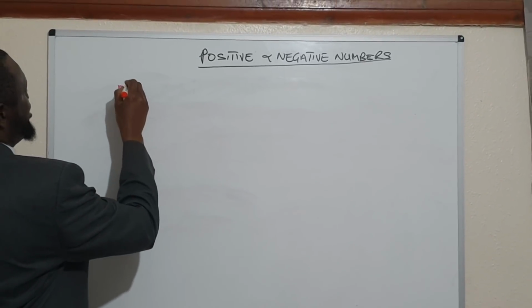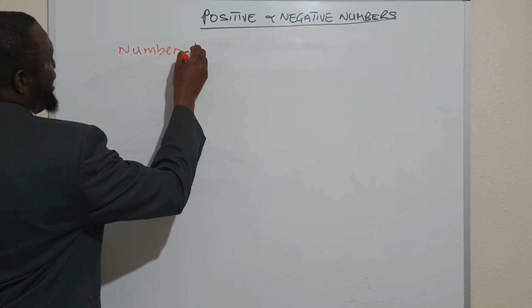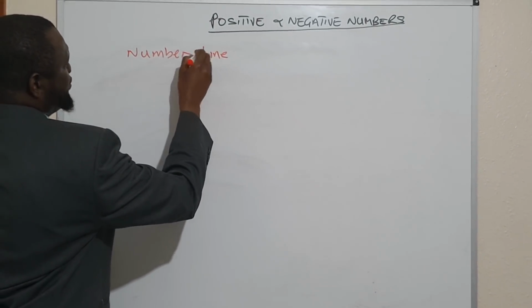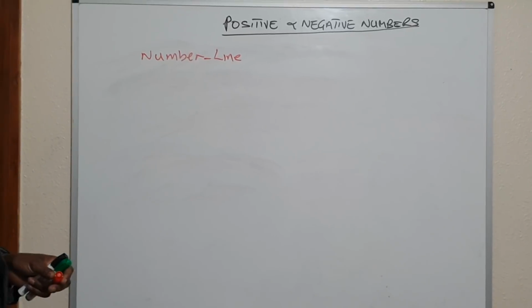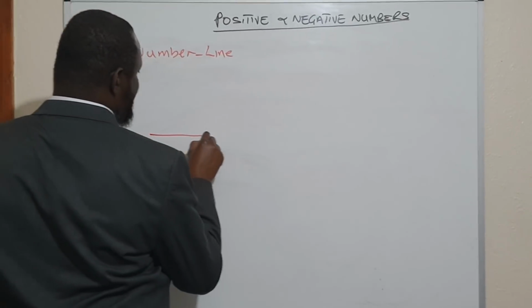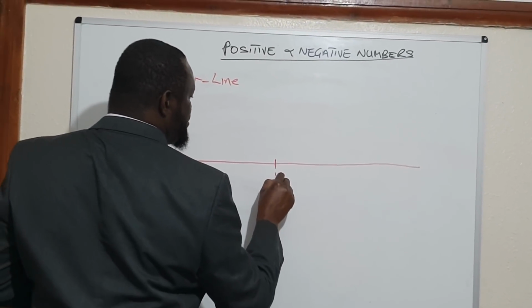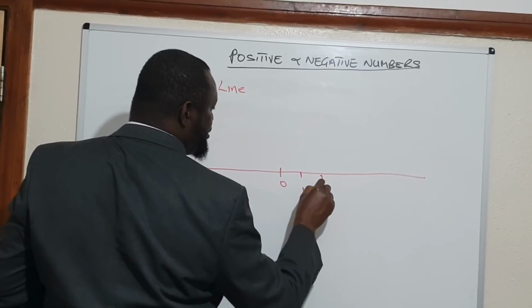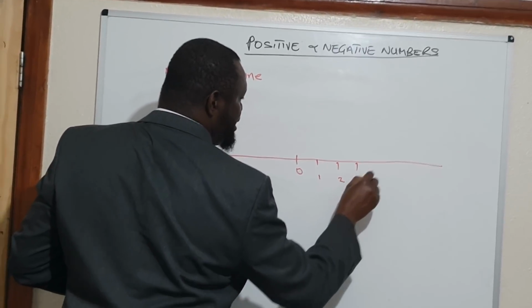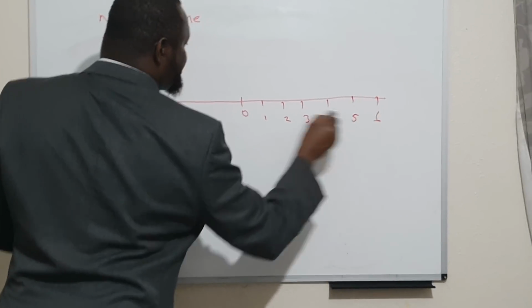Second method of solving plus and minus is using number line. Number line is written like this. You have a line. The middle is 0. Then you have 1, 2, 3, 4, 5, 6.